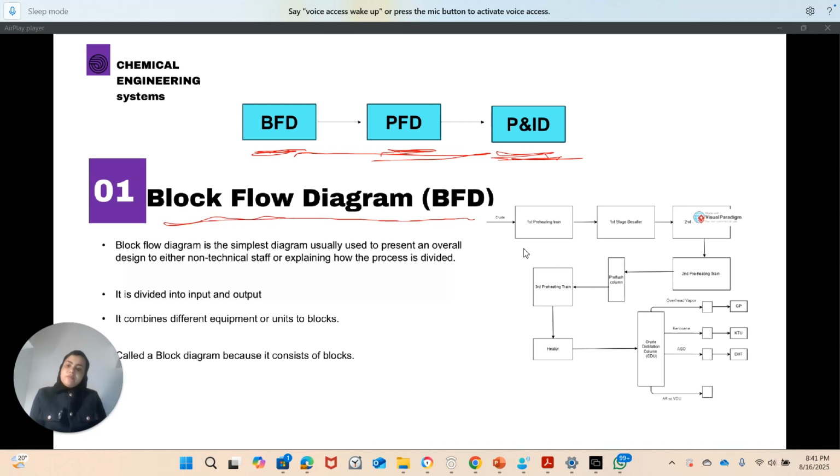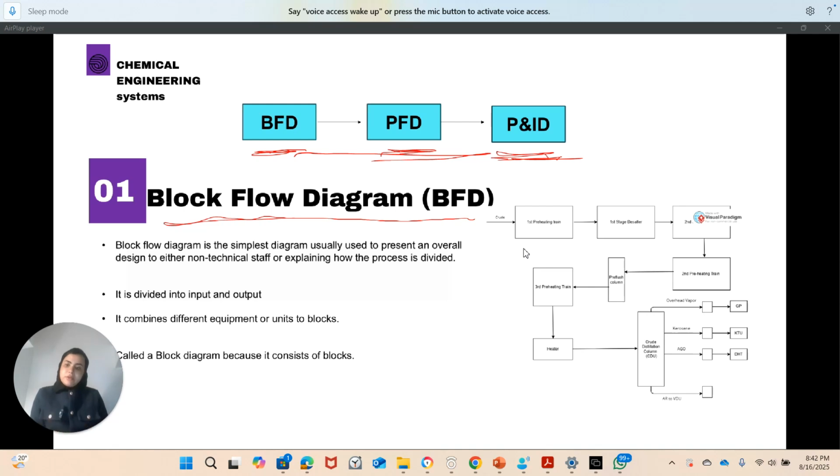A block flow diagram, from its name, consists of blocks. That's why it's called the block flow diagram. The idea of the block flow diagram is to ease understanding. So if you are someone who is new in your job, you have been employed very recently, you might be presented first of all with the block flow diagram.